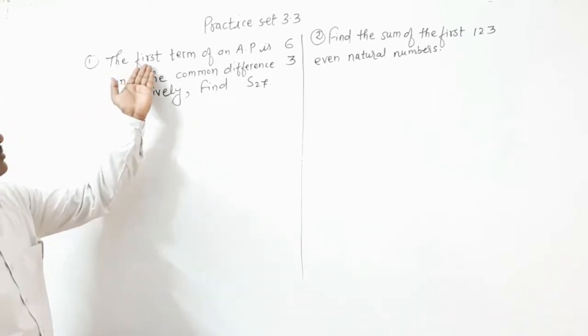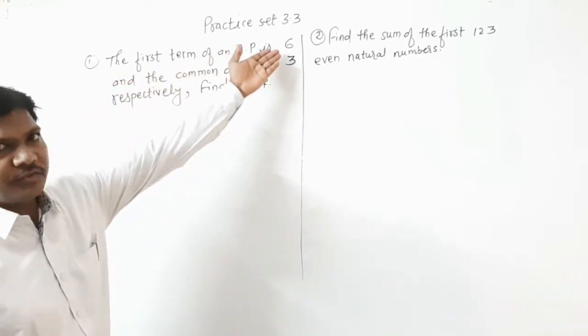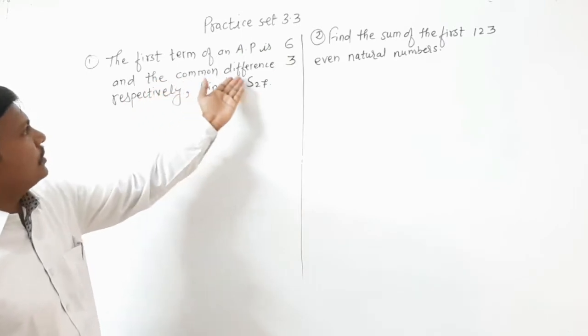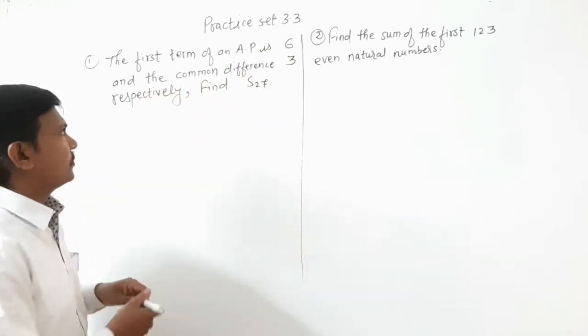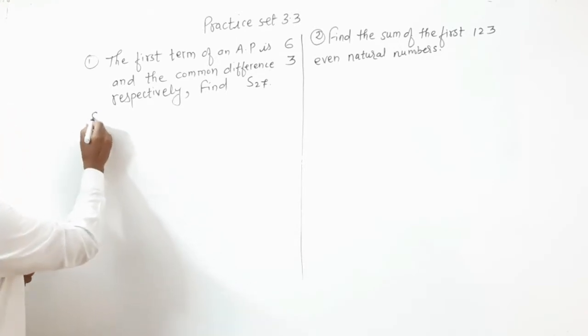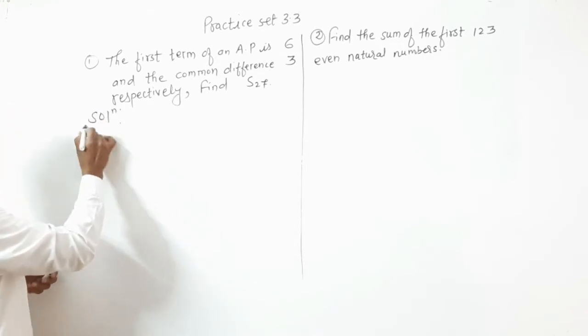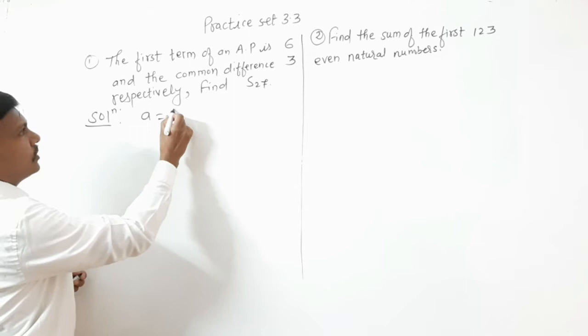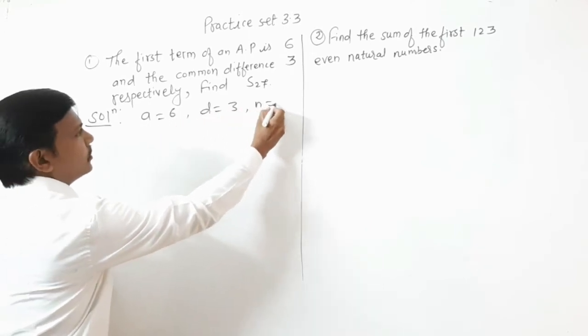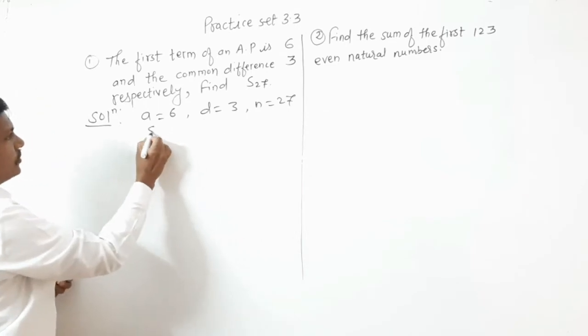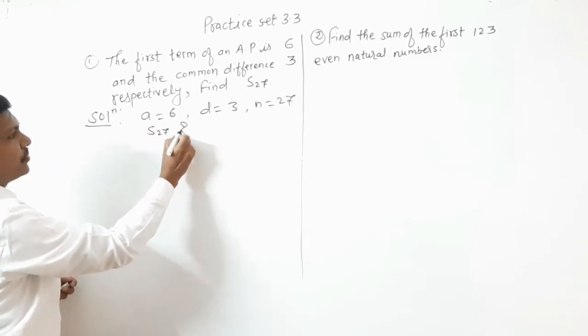Given the first term of an AP is 6 and the common difference is 3, find s27. See what is given: first write a, the first term, is 6, the common difference is 3, and n equal to 27. So the question is s27.